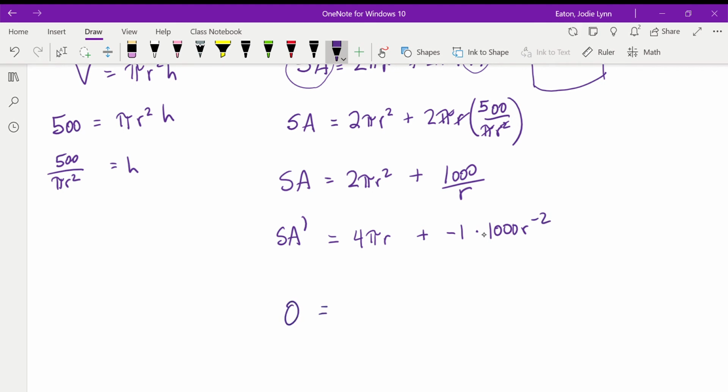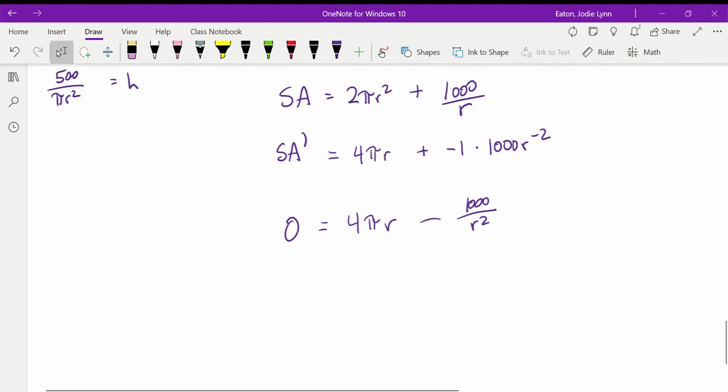And now we're going to set it equal to 0 and try to solve this. We have 0 equals 4 pi r minus 1000 over r squared. You could also have used the quotient rule on 1000 over r if you wanted to. So let's multiply by r squared. So we get 0 is 4 pi r cubed minus 1,000.